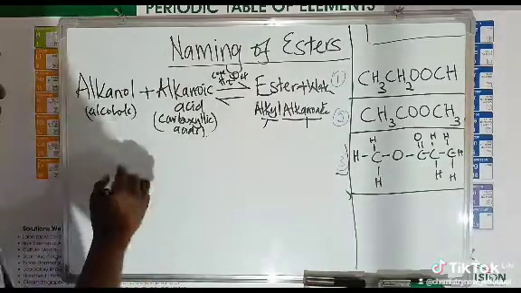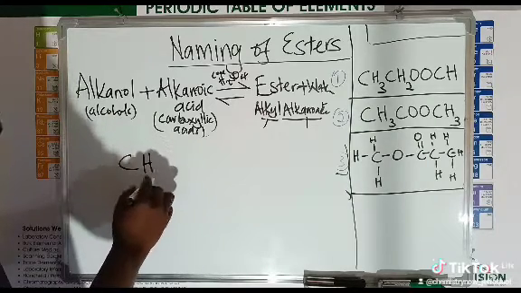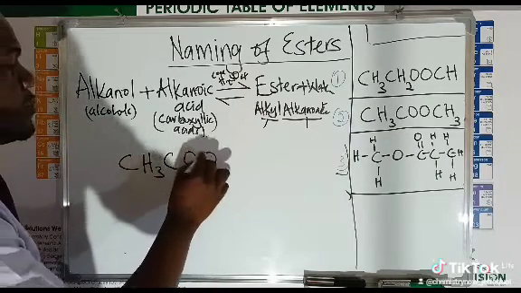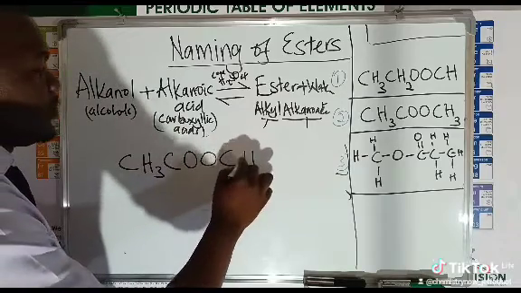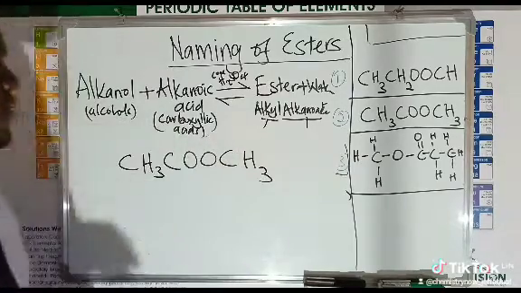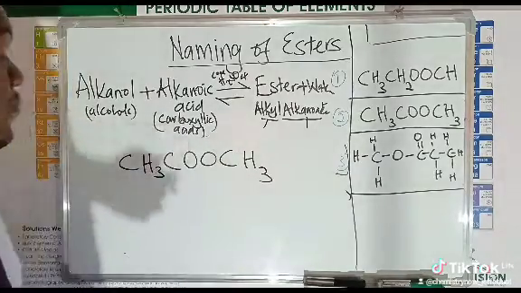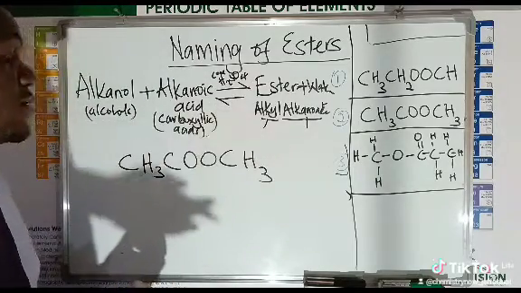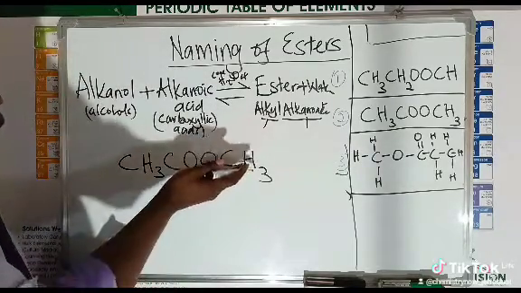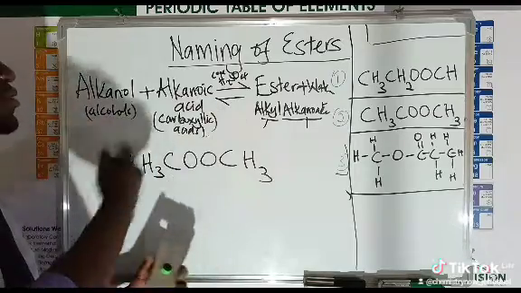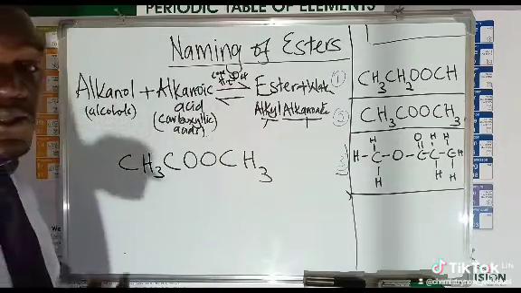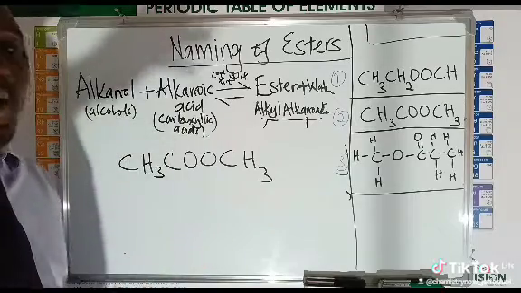The next compound is the ester CH3COOCH3. Now the examiner might choose to flip the ester, because whether it is written beginning here going this way or this side going that way, it remains the same. But if you follow this procedure, you will name it regardless.